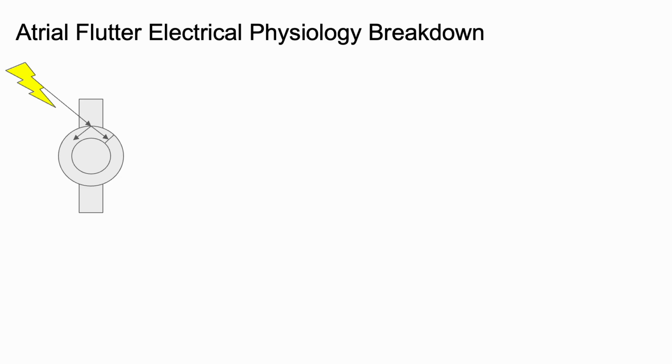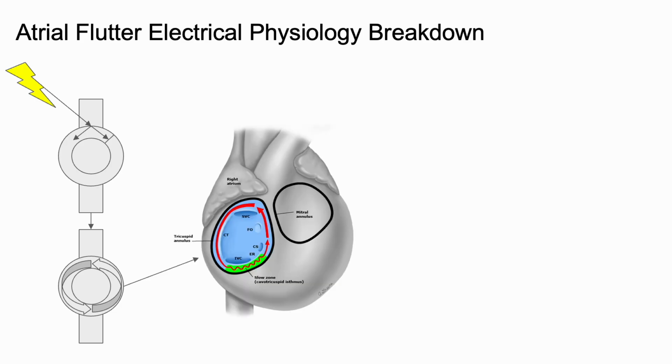Remember that the CTI is slow to depolarize, fast to repolarize, and so it was ready to receive this signal faster than the rest of the atria. As the rest of the annulus near the CTI wakes up and is ready to depolarize, the impulse rotates around the CTI and then propagates through the atria, spreading outwards.